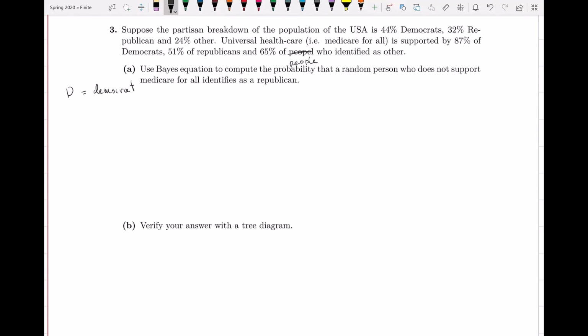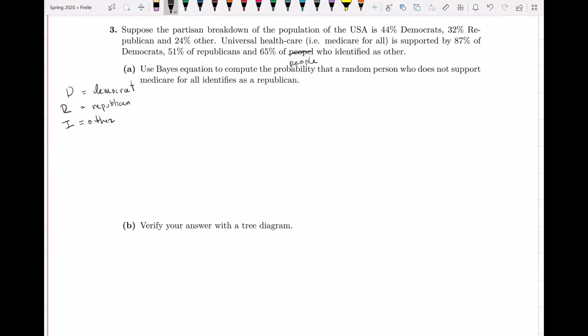R equals Republican, and let's say I for independent equals other in this case. In the actual survey, it was people identified as independent and people who didn't want to answer the survey for whatever reason.